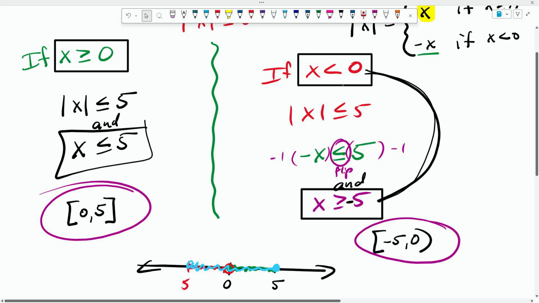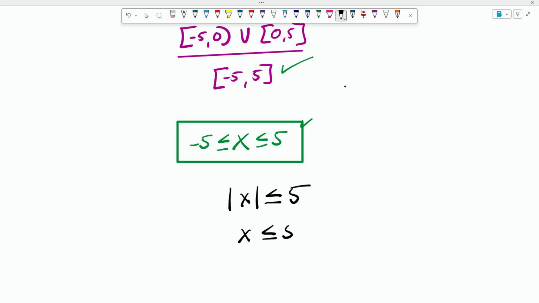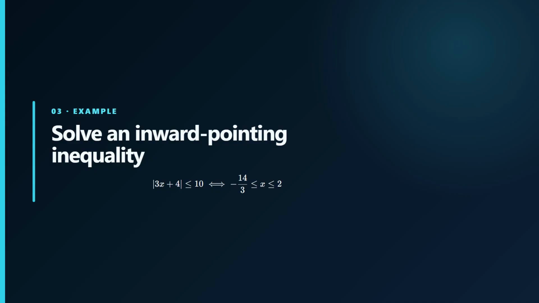The shortcut is simply you rewrite it without the absolute value, and then you put the same symbol to the left and you put the opposite of that number, negative 5, which is exactly what we got here. And this is a compound inequality. Is this an and or an or? And. It has to be less or equal to 5 and greater than or equal to negative 5. Let's try another one real quick.